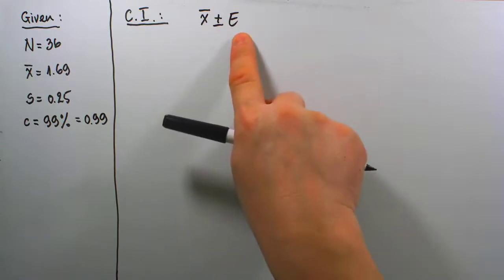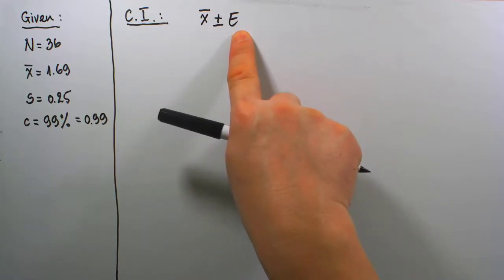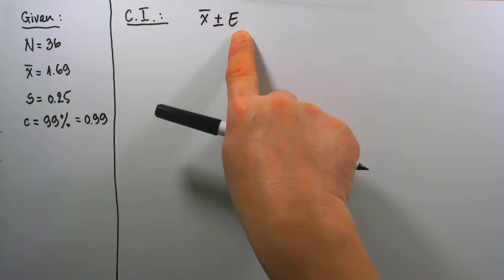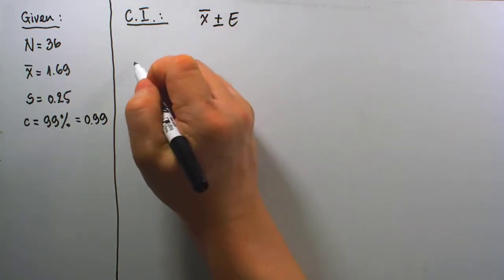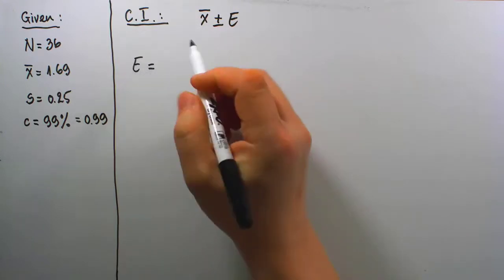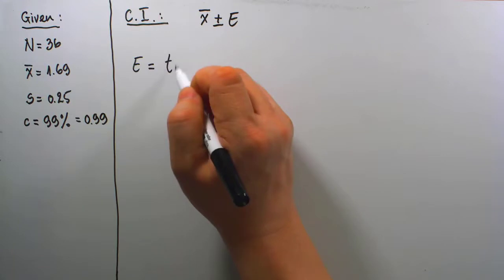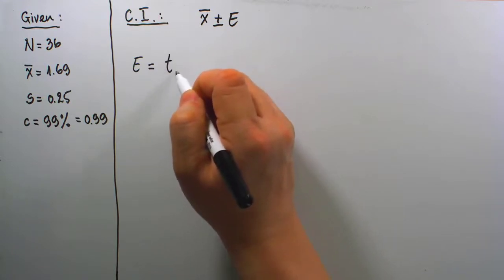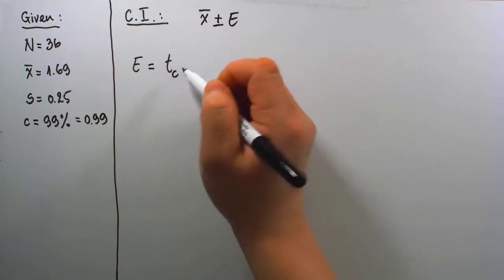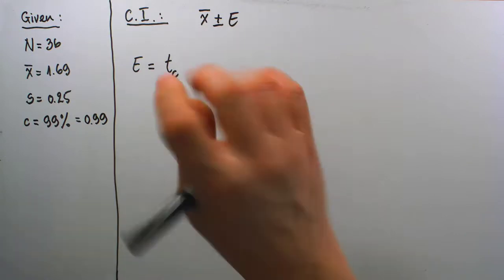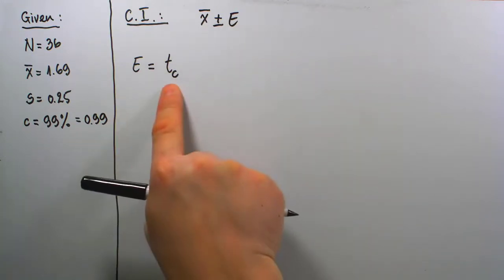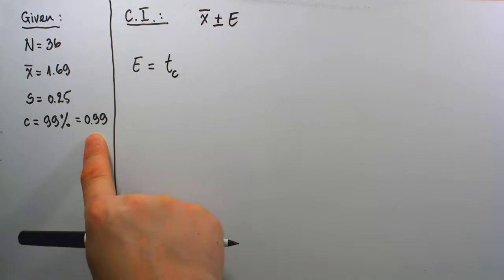Remind yourself again that this capital letter E is understood as the margin of error. To calculate the margin of error, we use the formula we have seen in example 1. A t value, which I call t sub c, where subscript c indicates that this t value is related to the confidence level.